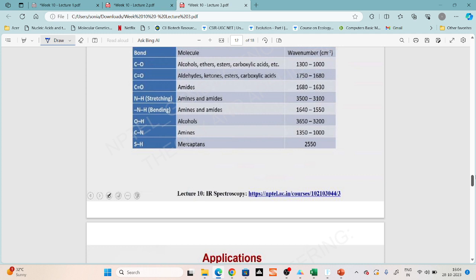So for that, we digested our insert and vector with the same restriction enzyme. Then I ligated them. Then after ligation, I did the transformation. Then after transformation, I screened them. Then after screening, I know that okay, now my gene of interest is present and it is expressing also.